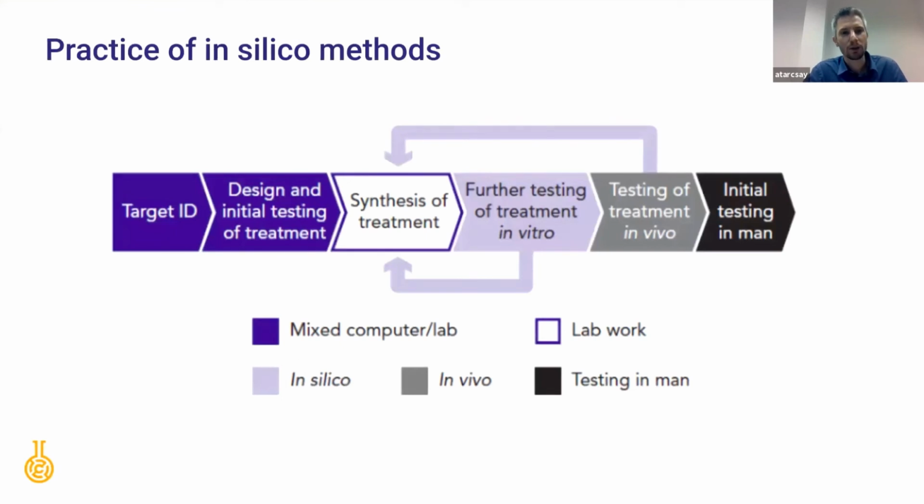So how is this embedded into the drug discovery pipeline? Drug discovery starts with identifying the target itself, which is a biological activity, but it also includes computational tools when the whole proteome is screened, but that's out of the scope of today's talk.